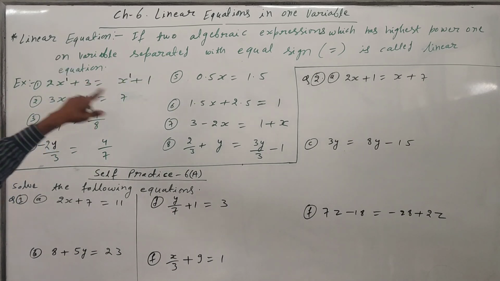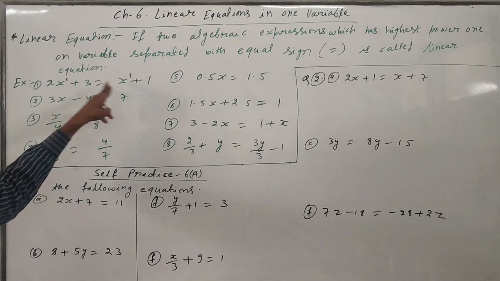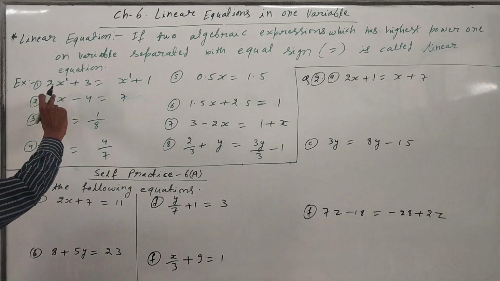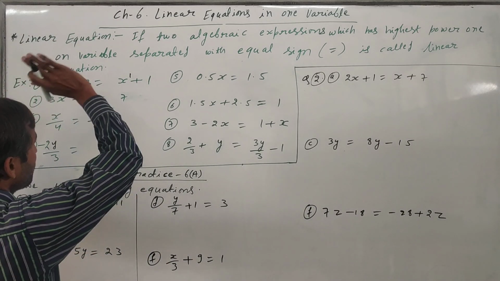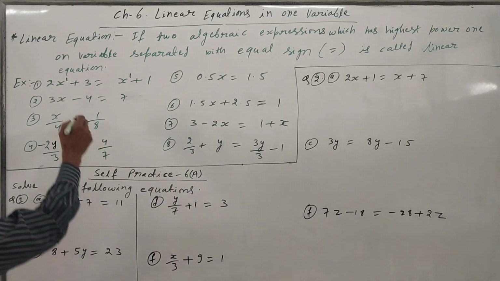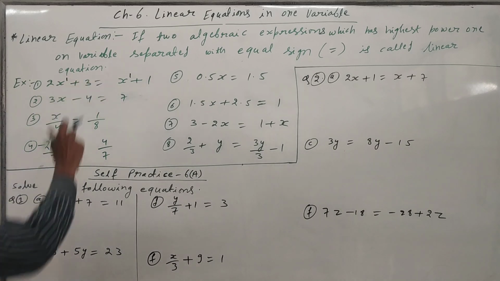One variable means that in the whole expression, the LHS part and the RHS part both have the same variable x. After that, this is called the left hand side, and after the equal sign this is called the RHS, right hand side. So 2x plus 3 is equal to x plus 1.